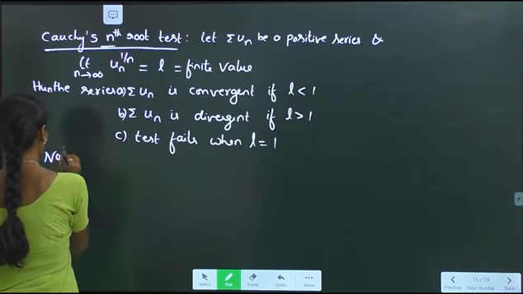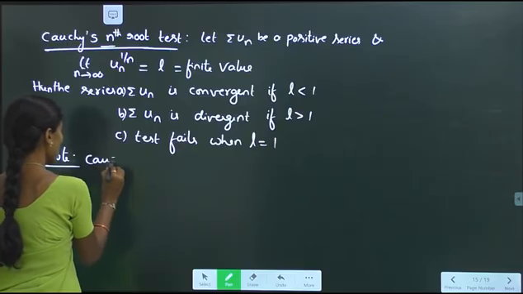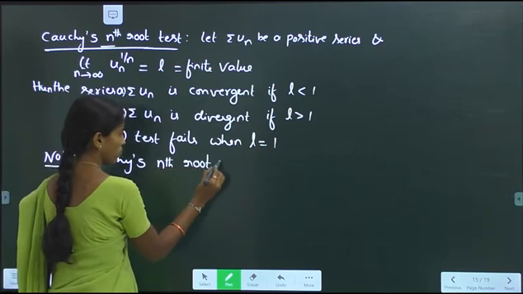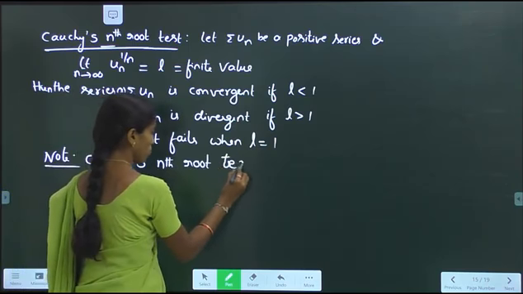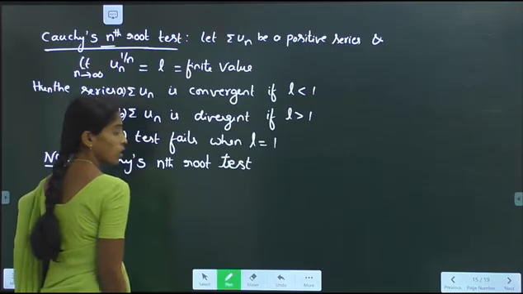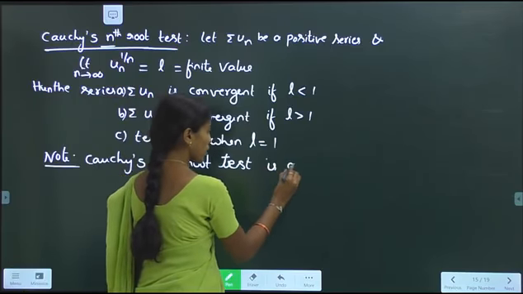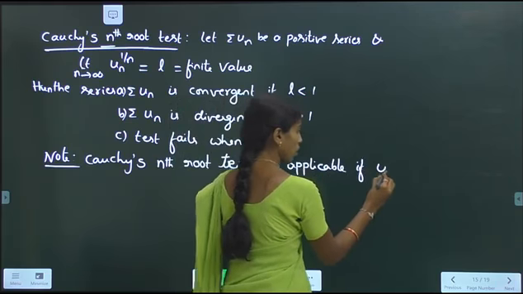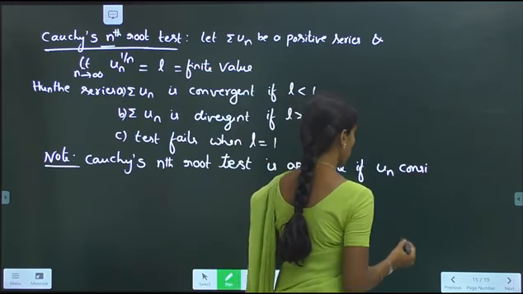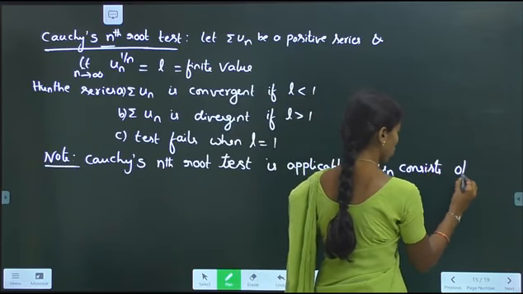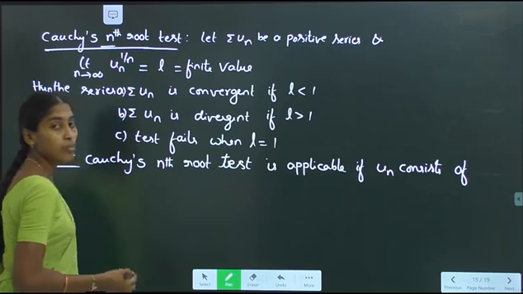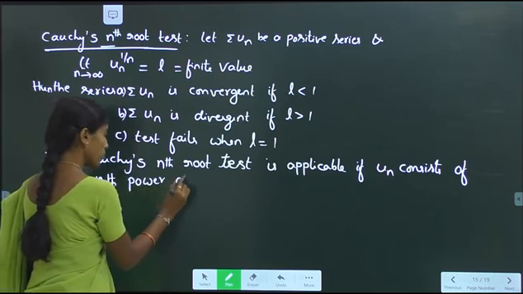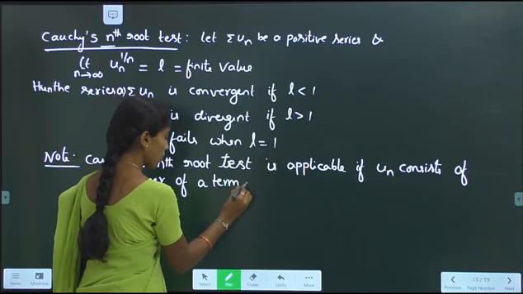Here, Cauchy's nth root test is applicable, generally we apply it if the nth term un consists of nth power of a term itself as a whole.